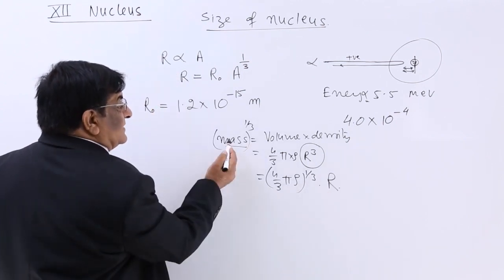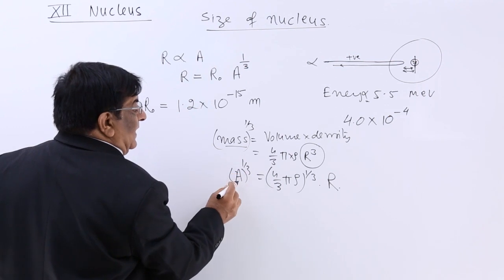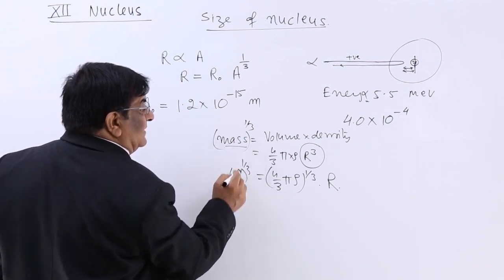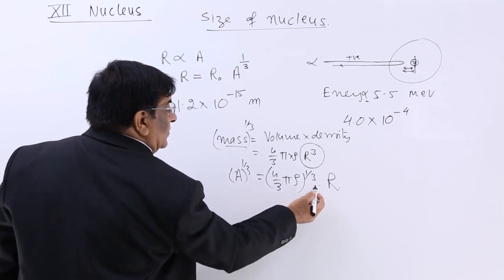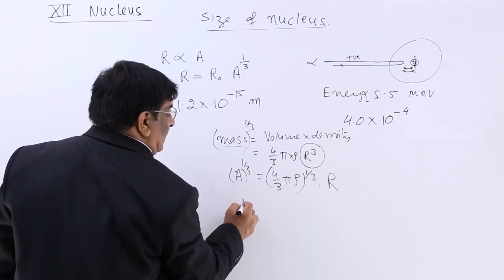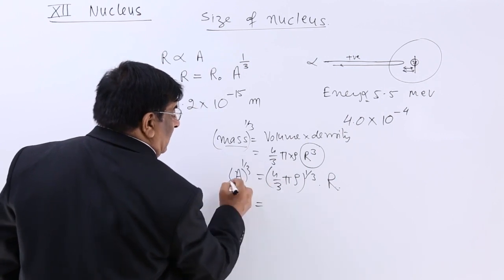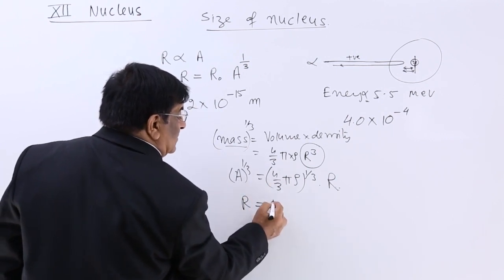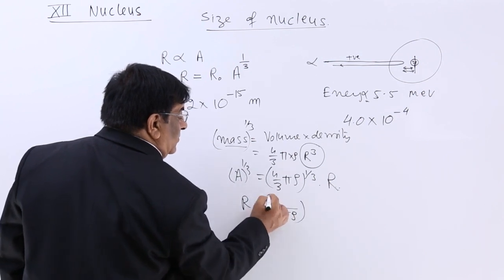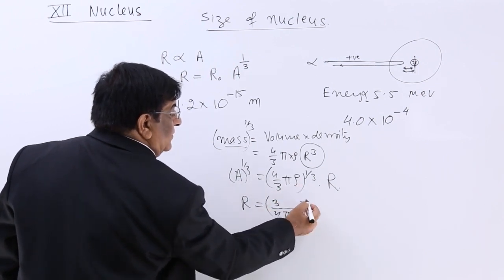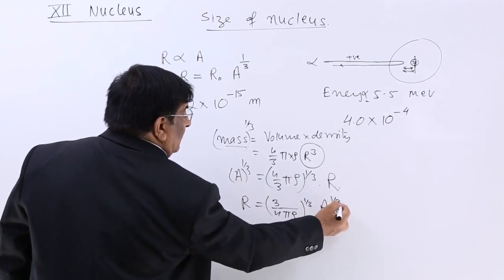Then we get 4/3 pi rho to the power 1/3 into r, and this mass is the atomic mass A. So atomic mass to the power 1/3 is equal to this into radius. So radius is equal to 3/4 pi rho to the power 1/3 multiplied by A to the power 1/3.